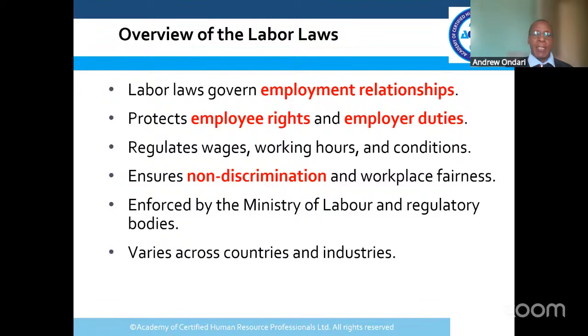And then industries, these are sectors within an economy which are regulated by various laws. In Kenya, we have two main industries, and there are sectors and subsectors within them. For example, we have the industry of manufacturing. These are organizations that produce goods, and most of them are in the industrial area.